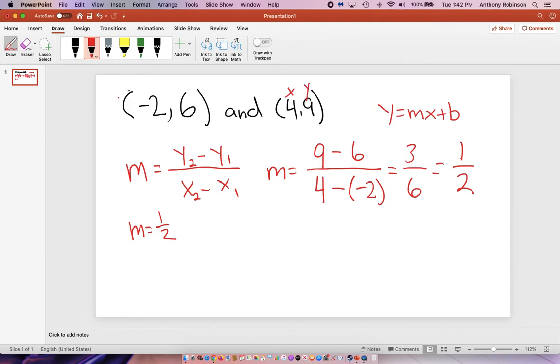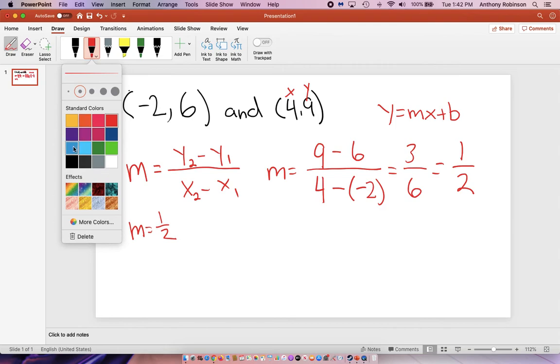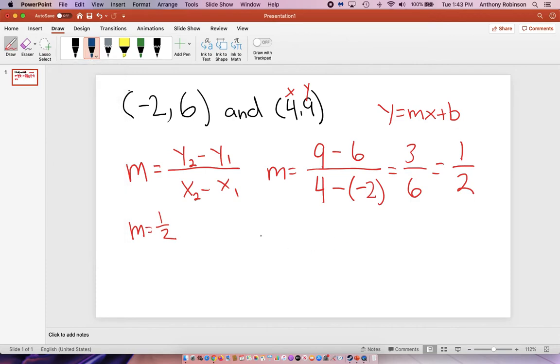Let me switch to colors real quick. Why not blue? Perfect. All right, so using y equals mx plus b, I'm going to put in 9 for y equals, I'm going to put my 1/2 in for the slope.